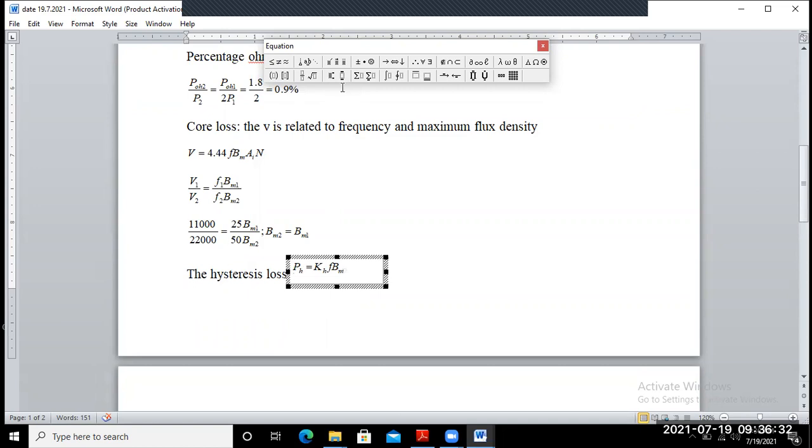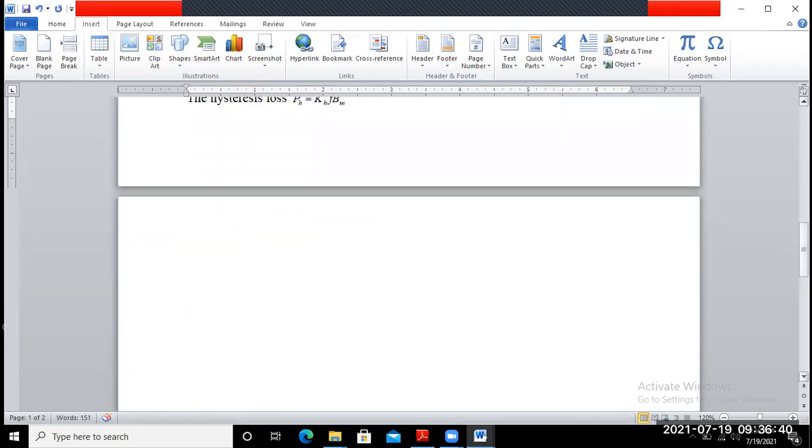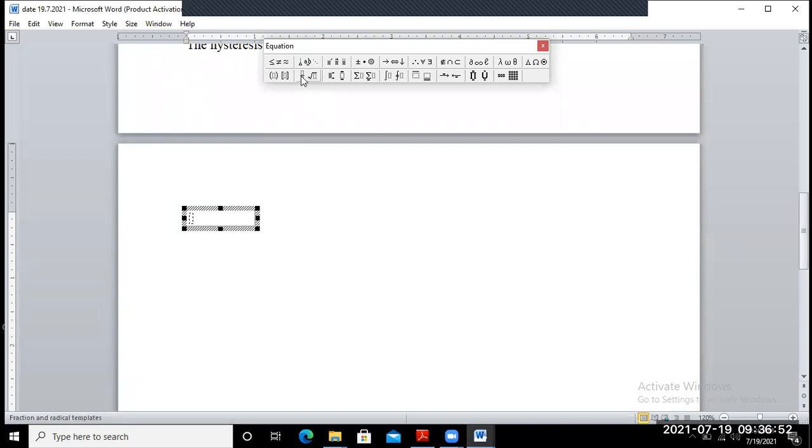So just write for the two conditions, that means Ph2 divided by Ph1 can be written as Ph2 equal to, how much?